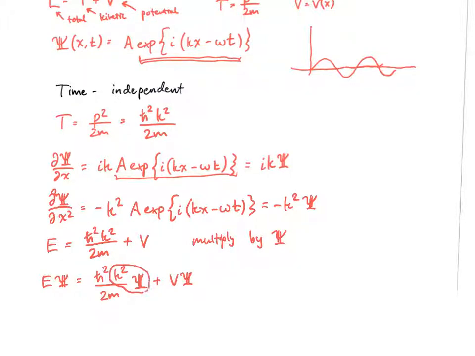But this right here is just equal to negative second derivative of psi with respect to position. So we can just rewrite this whole thing as negative h bar squared over 2m, second derivative of psi with respect to x, plus V psi. And there we have it.